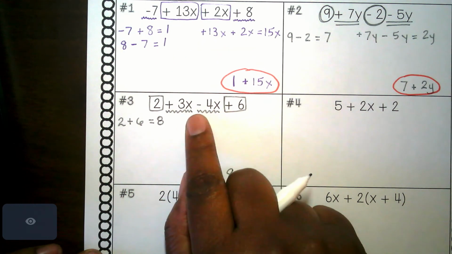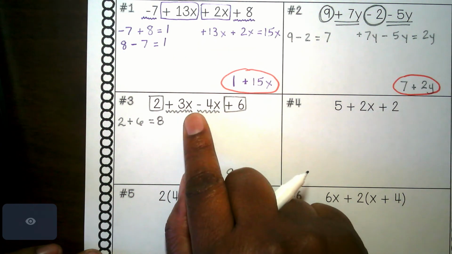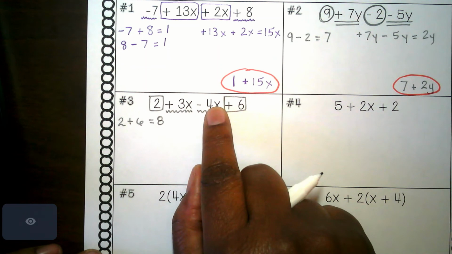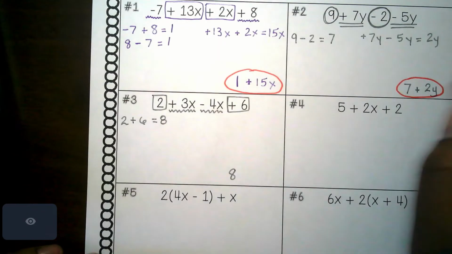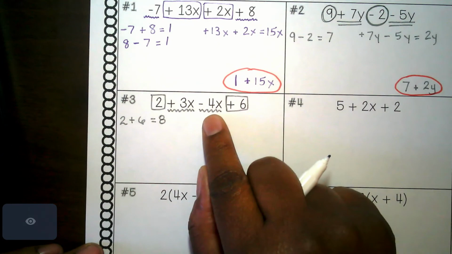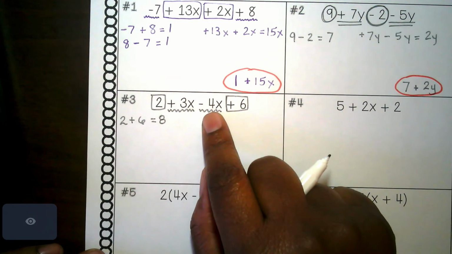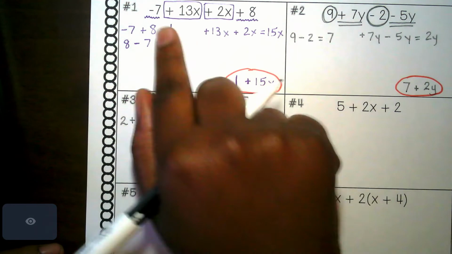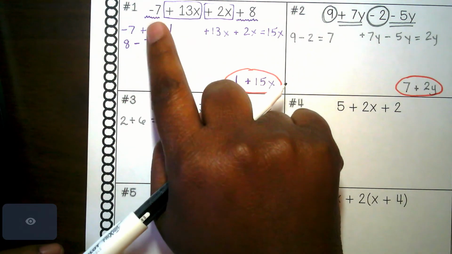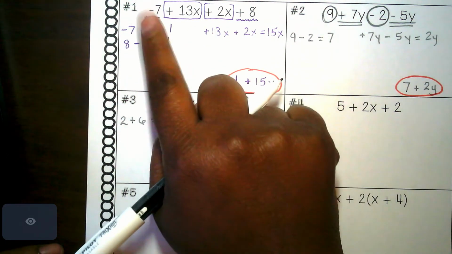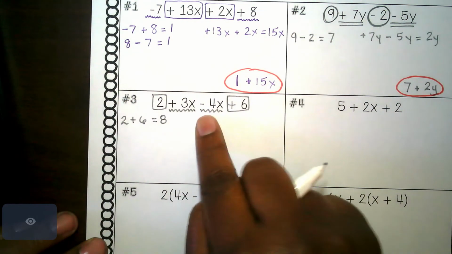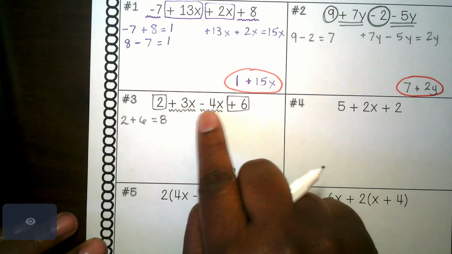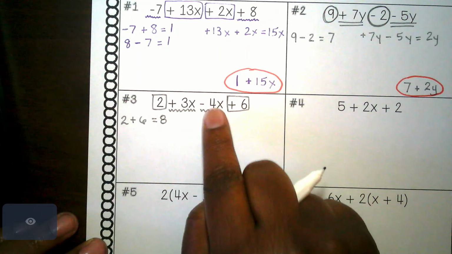Well, you may be saying, if I have 3 of something and I take away 4, what in the world? I want you to think of this. Sometimes, guys, we talked about negative situations before. Now, in this problem above, the 7, that was negative, was less than an 8, so I could simply just subtract. Well, this time, the number that is negative or has a subtraction is bigger.